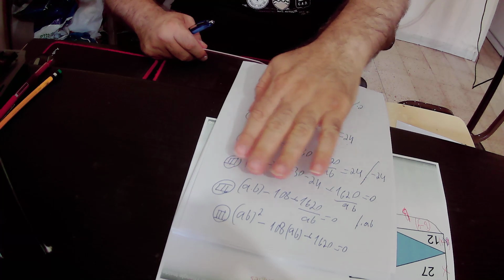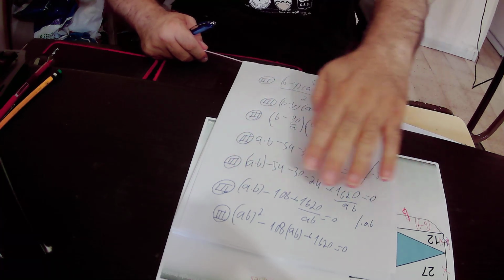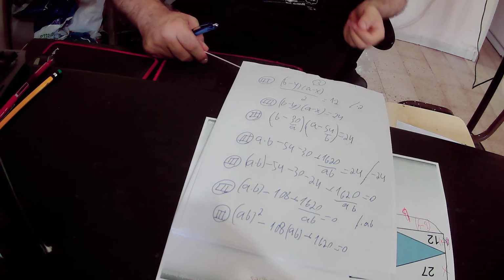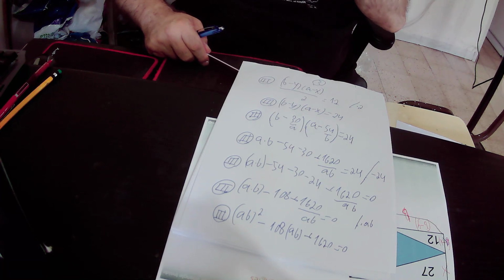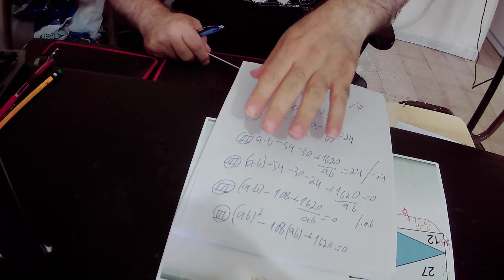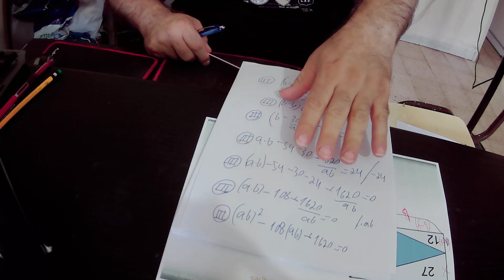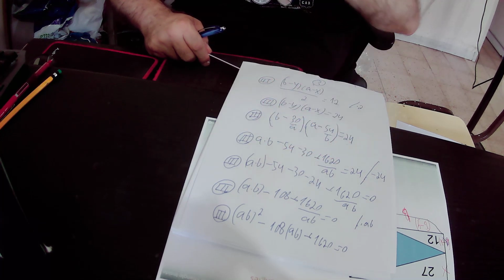So this is a quadratic equation, and the variable in this quadratic equation is AB.